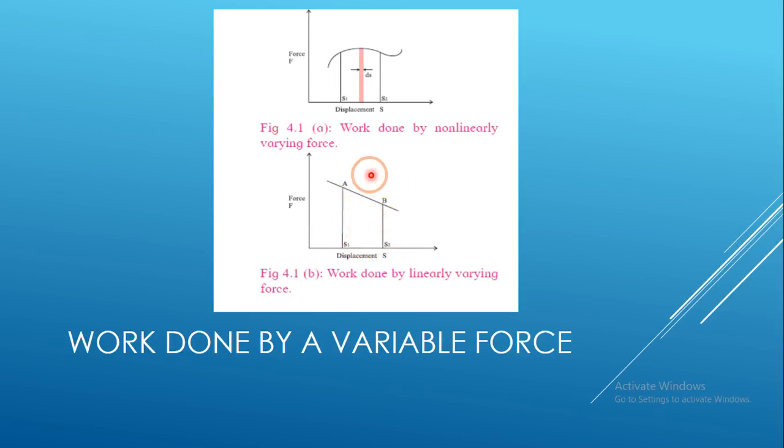I can find the work done using the area of the triangle plus the area of the rectangle or square, or I can find the direct area of A, S1, S2 and B. I'll get the overall work done by this linearly varying force.